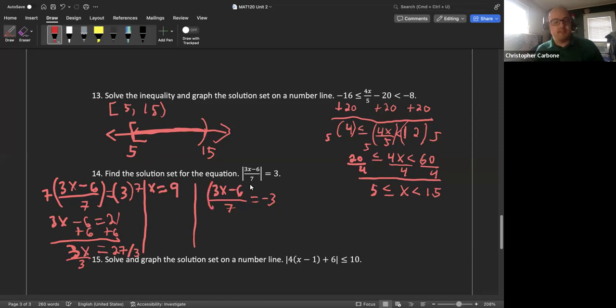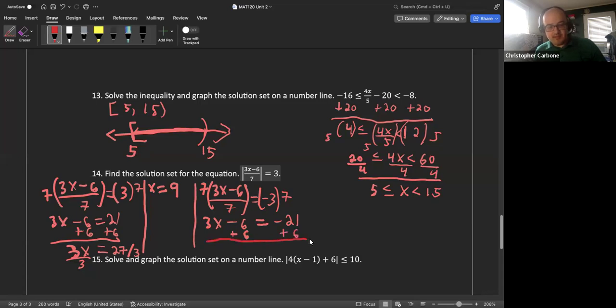For 3x minus 6 over 7 is equal to negative 3, we're still doing the same operations, right? Going to multiply by 7. This makes 3x minus 6 now equal to negative 21. Adding 6 this time makes a different number, right?